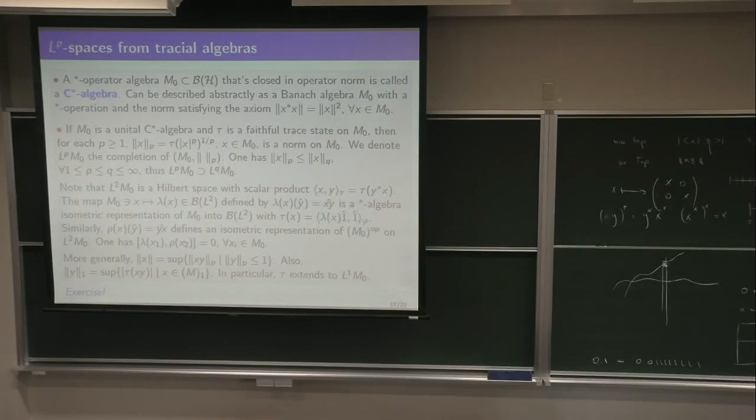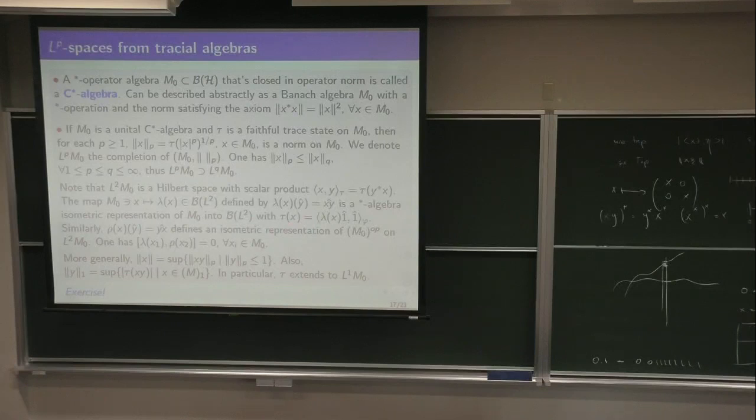The norm 2 is a Hilbert norm, and the corresponding scalar product is this. And this map, left multiplication by x on this L2 space, like we did before, is a star algebra isometric representation of M0 into B of L2, and you recover the trace as a vector state.